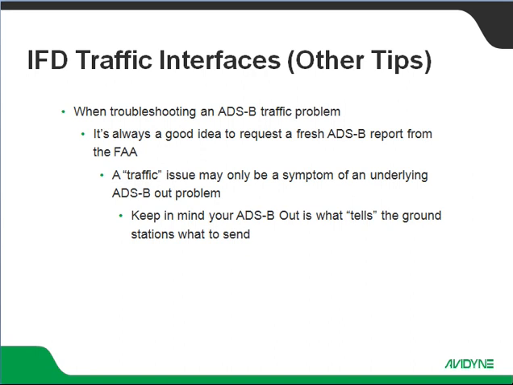The last little bit I'm going to leave you guys with is when you're troubleshooting an ADSB traffic problem, it's always a good idea to request a fresh ADSB report from the FAA. It can a lot of times tell you exactly where the problem lies. Typically, a pilot reporting that the traffic's not quite working correctly is really just a symptom of an underlying problem with what's configured for your ADSB out. A lot of times that's the case.